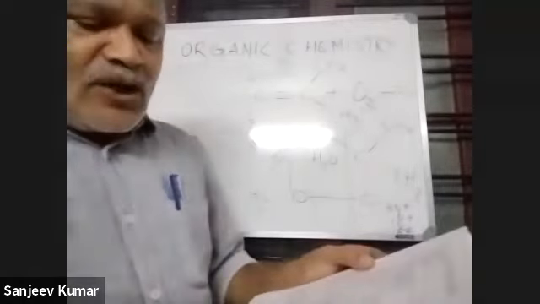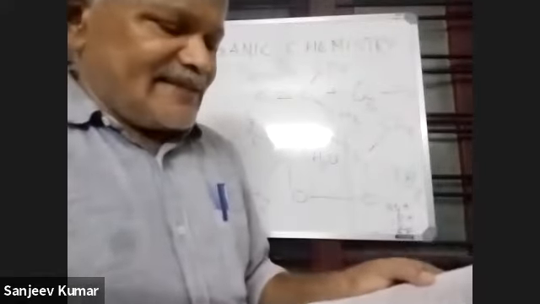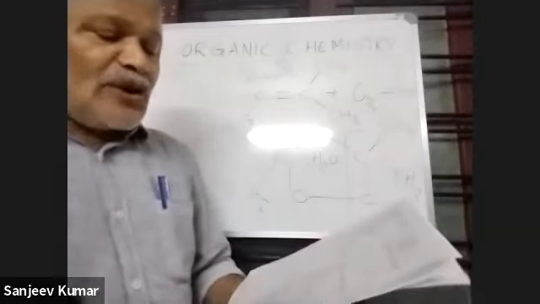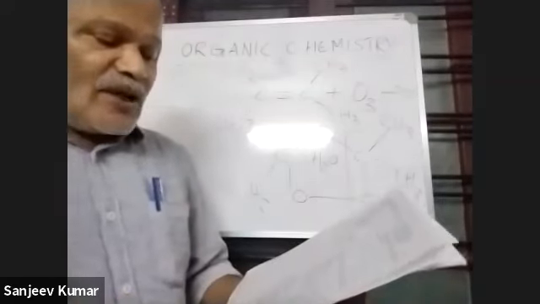Identify the starting compound X in the following sequence of reactions. X with aqueous alkali gives Y, and that is a nucleophilic substitution reaction if X is a saturated compound.